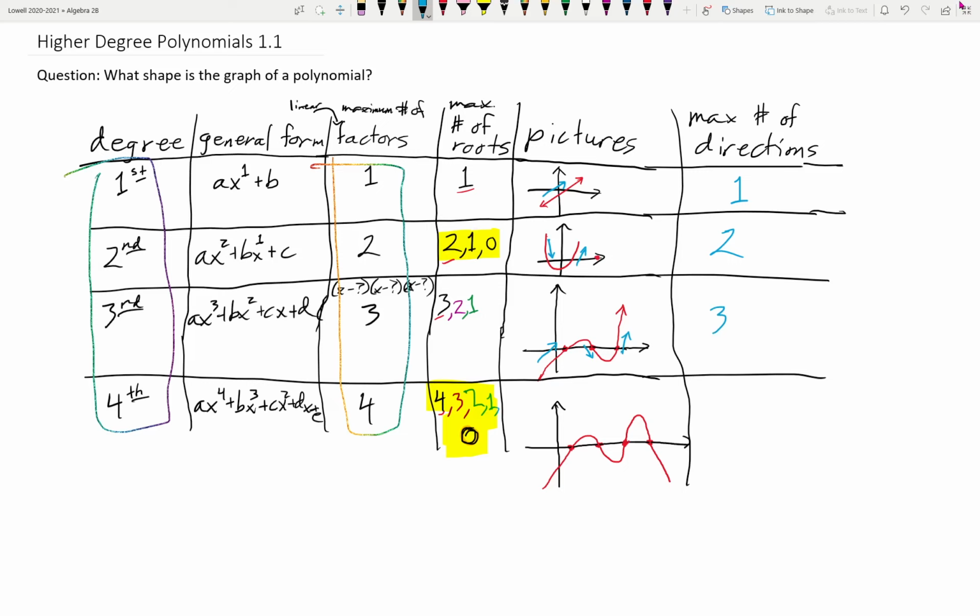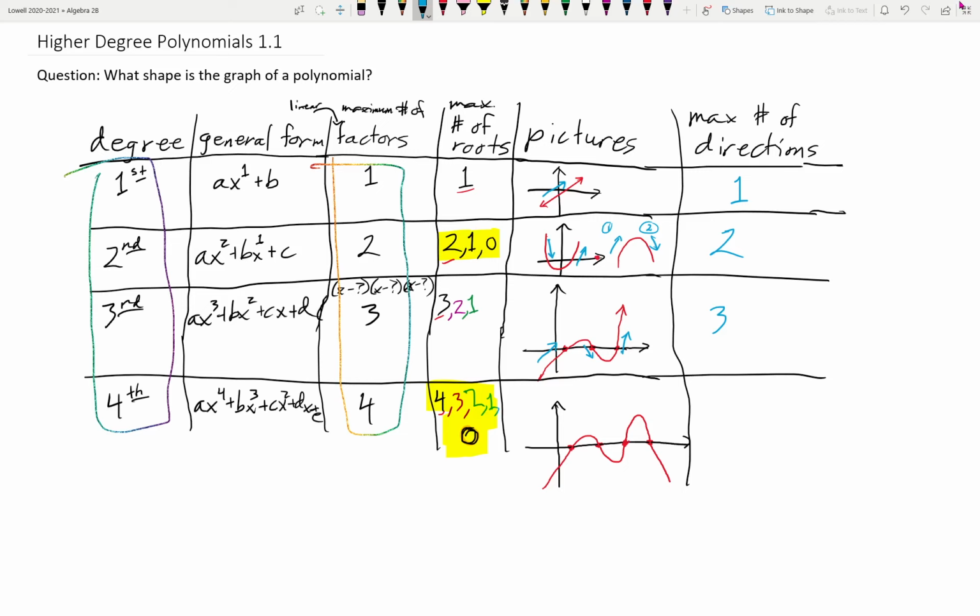Notice, by the way, that if I had flipped it upside down, so if we had a downward facing parabola, it would still be 2 directions, simply starting increasing and then decreasing. Still 1, 2. And likewise for a cubic, it would have just been decreasing, increasing, decreasing.